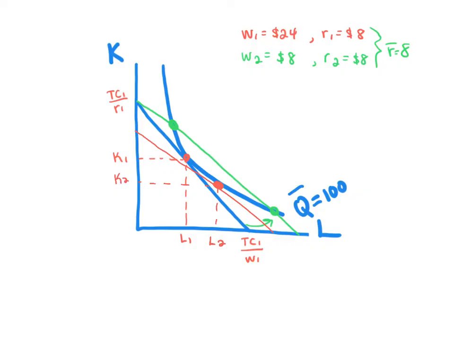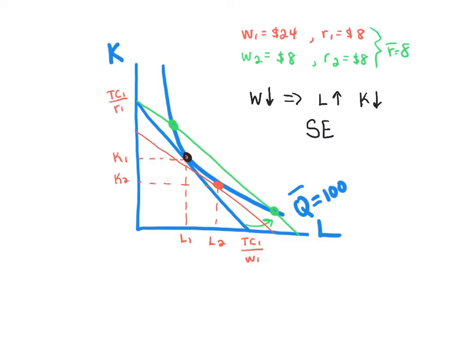What I want you to see from this graph is that lowering the price of labor, called the wage rate, led to a substitution towards labor and away from capital, which is not surprising because we are exactly seeing a substitution effect in firm theory.